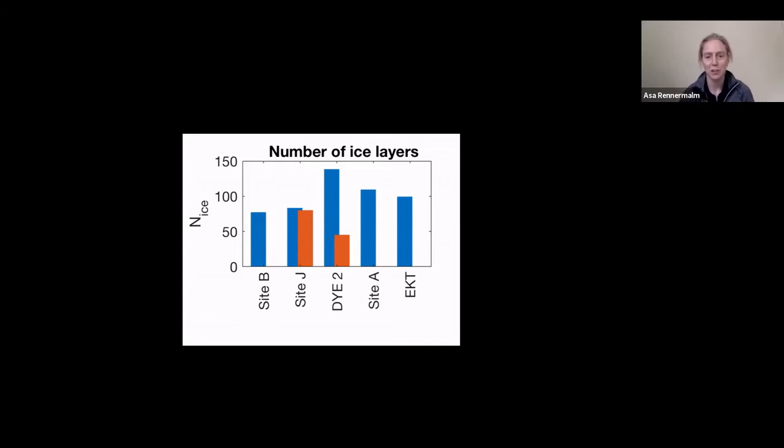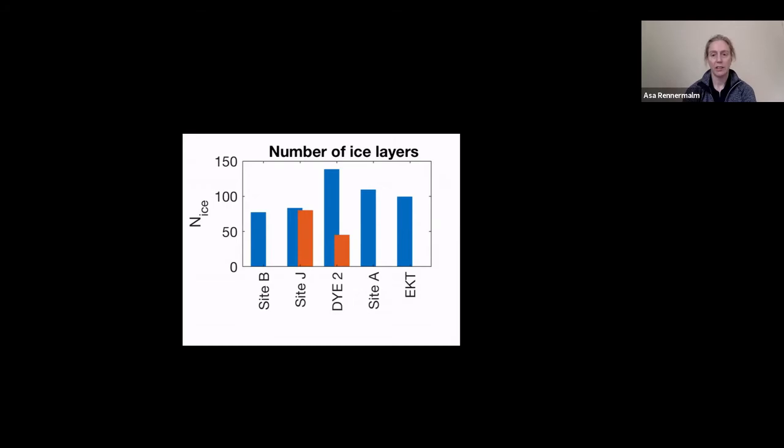So it's different. Again, the data from the 2017 cores are shown in blue bars, and the legacy cores, the older cores, are in red. What's interesting here is that the place where you have the most ice layers is the intermediate elevation site at die2. So what's going on here?